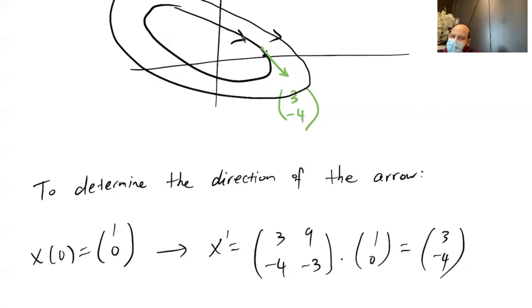So I need to draw my phase portrait in a way that the velocity at this point, 1 and 0, will become 3 and minus 4, which means a vector like this. So the ellipse should look like this, with this direction of the arrow, basically clockwise, right? Clockwise, so that the velocity at 1 and 0 will be the vector 3 and minus 4.